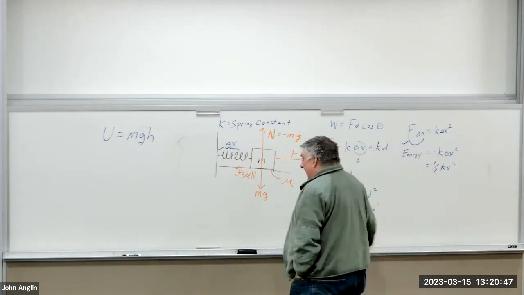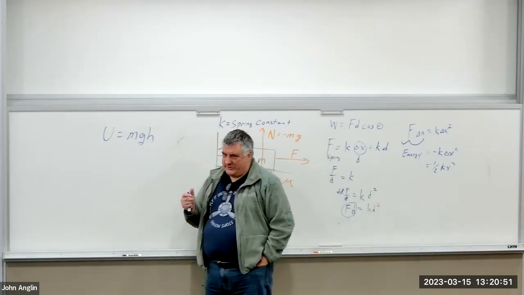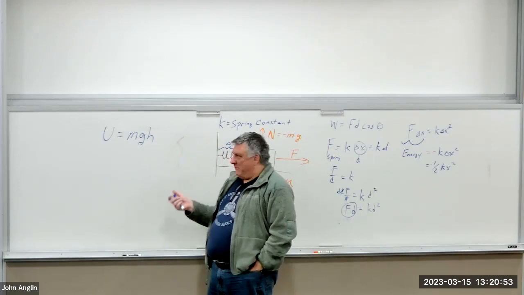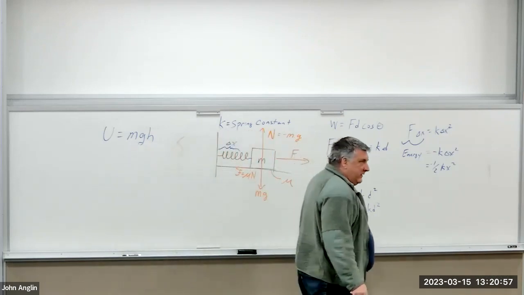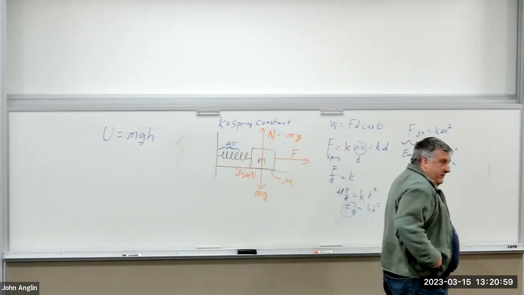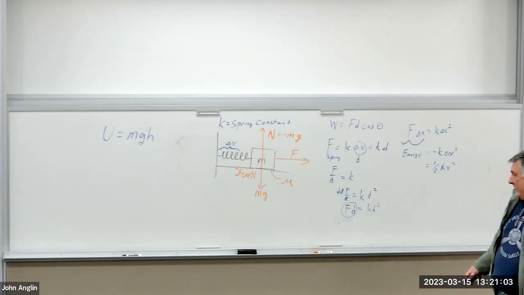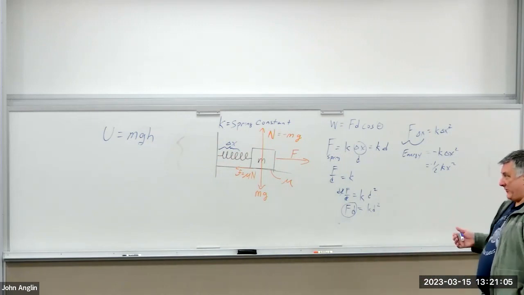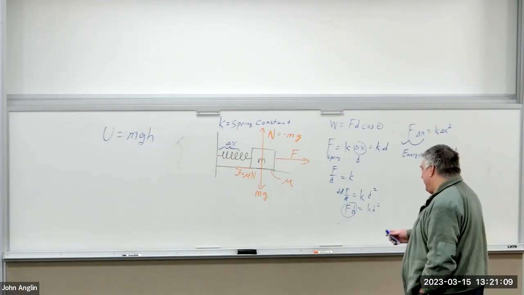So in gravitational potential energy, the thing causing the motion is the acceleration due to gravity. And the amount of gravitation you experience is certainly going to scale with the mass of the object and the height.